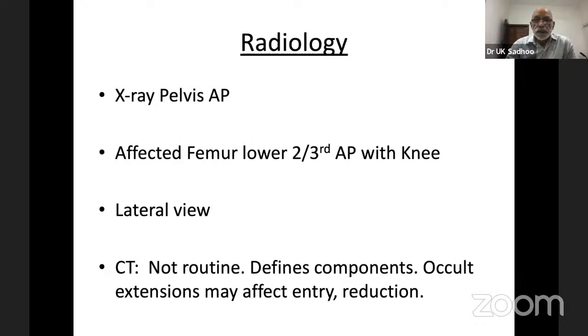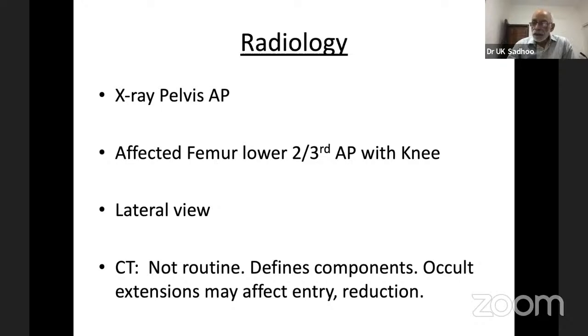In radiology, you have to have a pelvis anteroposterior X-ray to see both the hips, and you have to have an AP of the rest of the femur with the knee included. This is for two reasons: A, to see the distal extension, and B, to see if there is any previous implant or surgery which may not have been noticed in the pure AP pelvis X-ray, because it could affect our type of fixation.